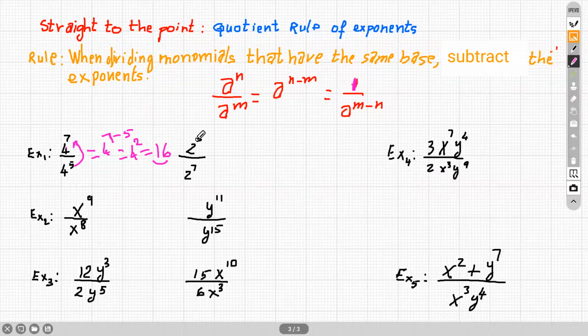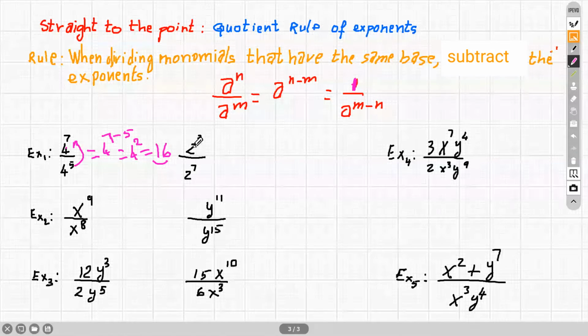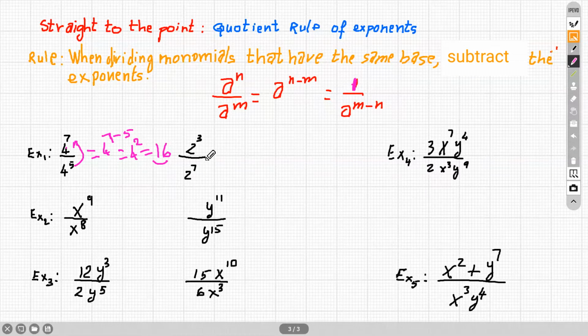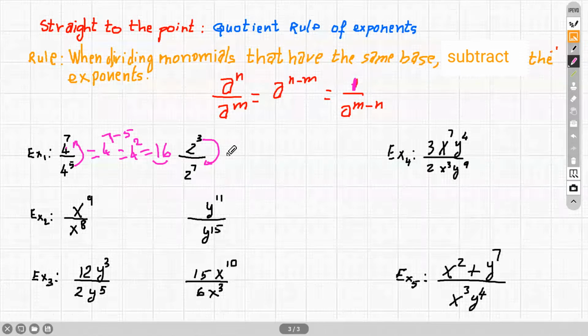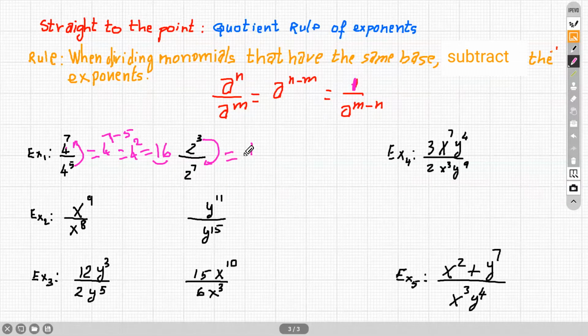Here is another example so that you can see a situation where we are moving the exponent in the denominator. We have 2 cubed divided by 2 to the 7th power. It makes sense to move 3 in the denominator because 7 minus 3 is positive. Since I have nothing left in the numerator, I will put 1 there to hold its place.